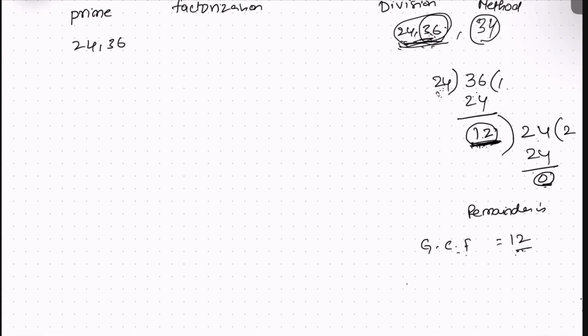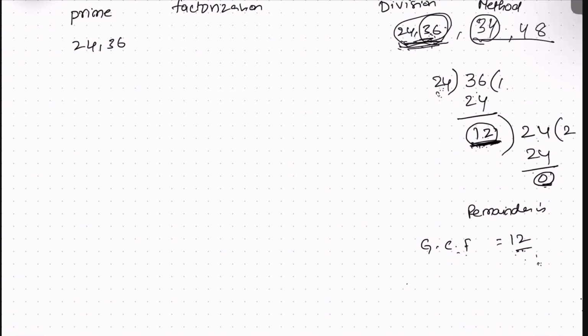So if you find the GCF of 12 and the third number, you get the GCF for the three numbers. If there are four numbers, find the GCF for the first two, find the GCF for the other two, and then find the GCF of those two new GCFs, and you will get the GCF of all four numbers. That is the technique you should follow to get the GCF.